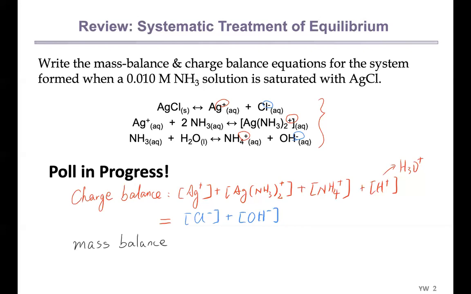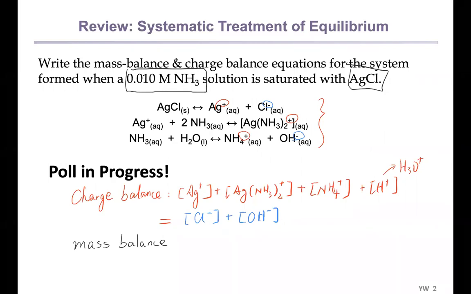So mass balance starts with what you put into the solution. And we have two parts, right? We have the 0.01 molarity ammonia, and we also have silver chloride, although the amount of silver chloride is unknown, but we know it's an insoluble compound, so there will be a very limited amount of silver and chloride ion both available in the solution.